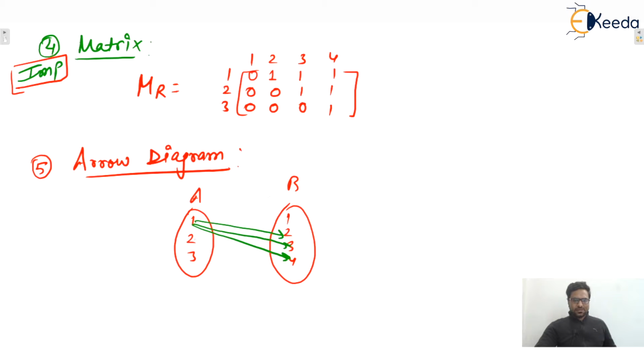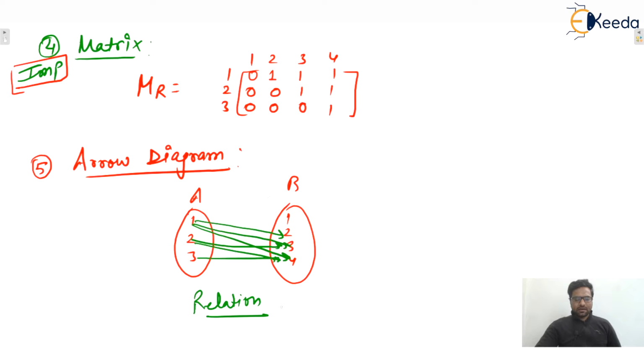Also 2 is related with 3, 2 is related with 4, and 3 is related with 4. That is the arrow diagram. I hope this one is clear to everyone. So this is a relation.